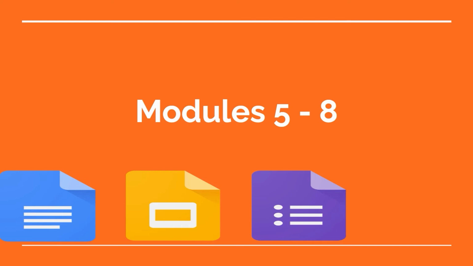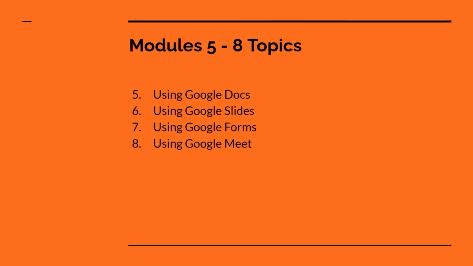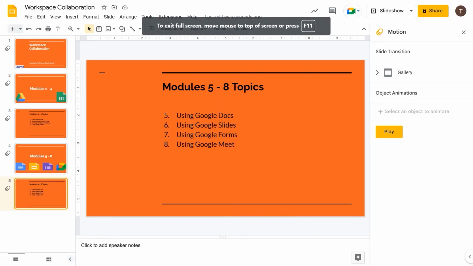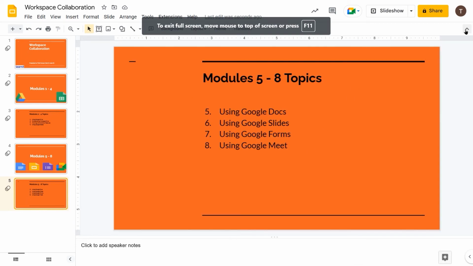Again, and you're getting forms. Again, and you get meet. And when you click again, it will advance to the next slide. And you can press escape. And you can also close the motion panel.